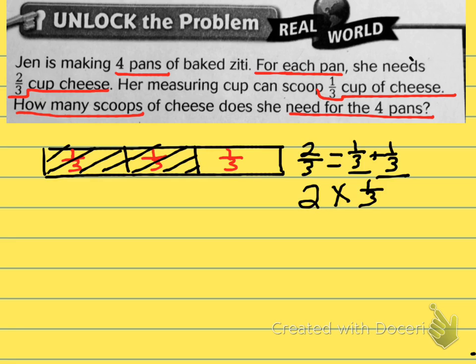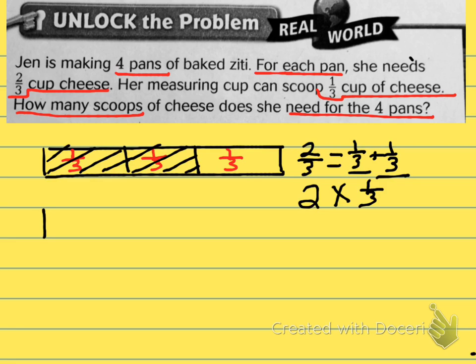Now, what I know is there are 4 pans of baked ziti, and each pan needs 2/3 of a cup. So how can I take my model and make my model work for me? Well, let's see if we can do this. I'm going to create a model, and as I create my model, I'm going to create 4 bars that look just like this.